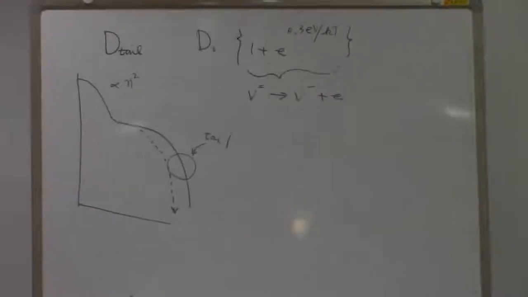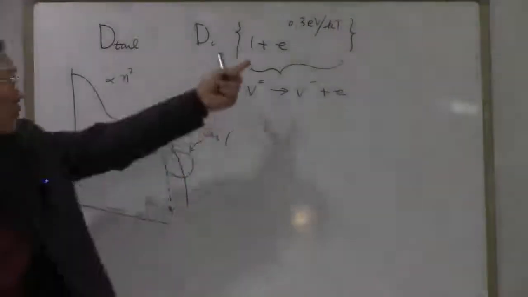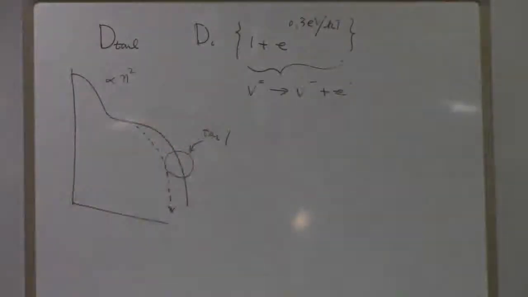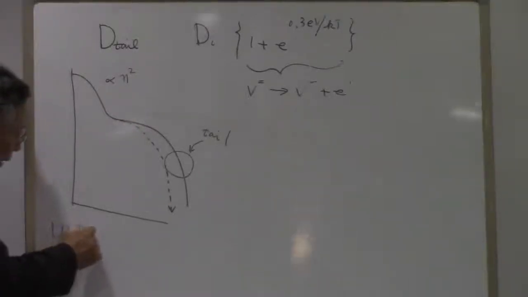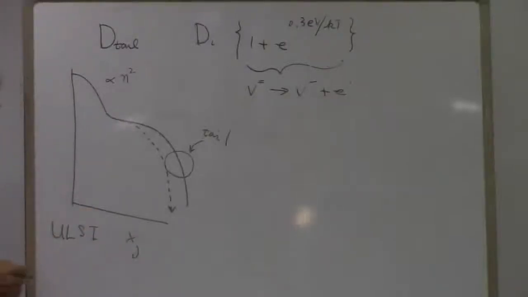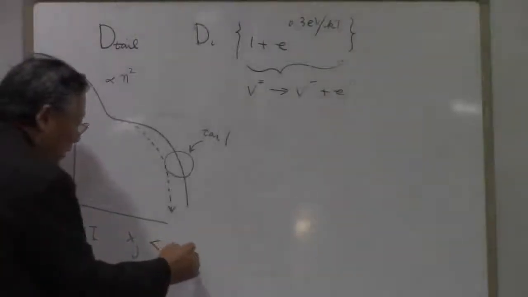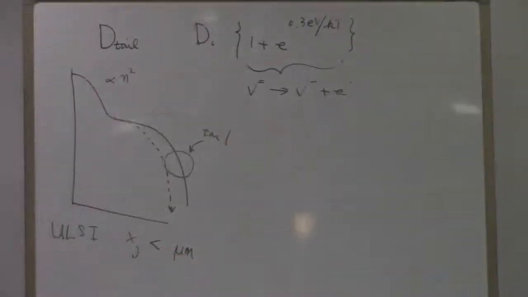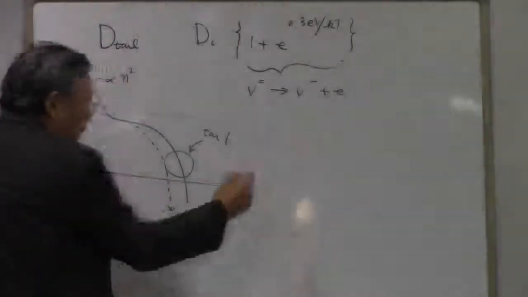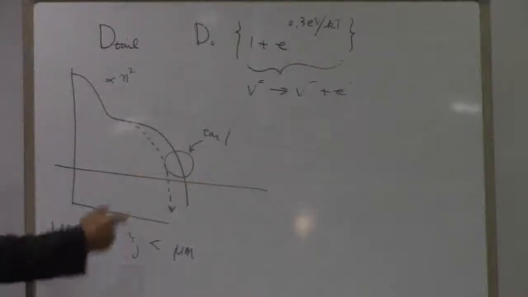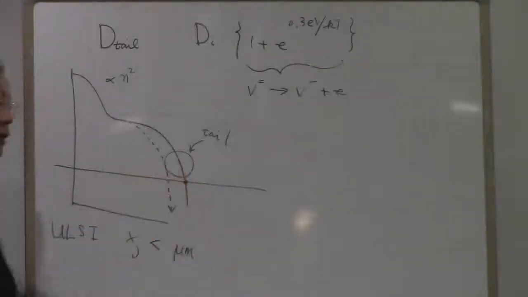Now, you may think that this difference is not that great, so what's the big deal about it? But in ULSI, the junction depth has to be controlled to less than a micron level. That is a very, very short distance. That means that we have to be very precise. And the junction depth is usually determined where the base doping concentration equals the tail region concentration.